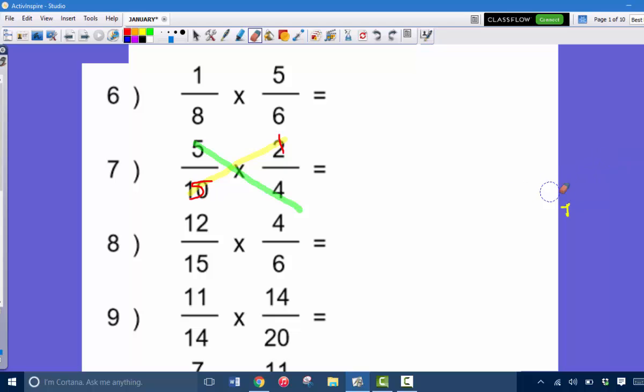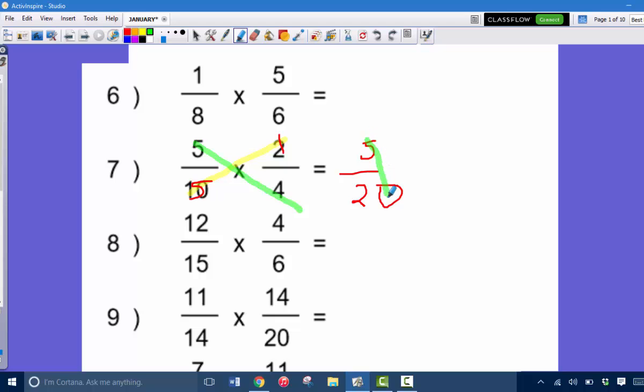I'm going to get this out of the way. Multiplying straight across. 5 times 1 is 5. 5 times 4 is 20, okay? So now what you have is 5 over 20. However, we can reduce that one even further, okay? So if I have 5 over 20, take a look again to see what you can reduce.